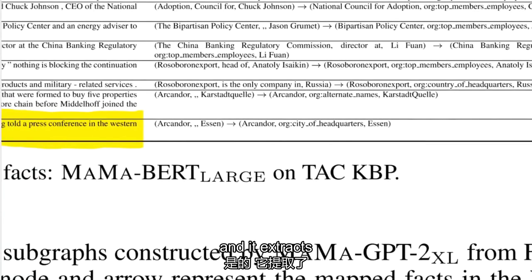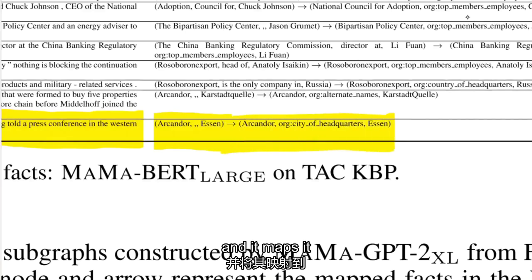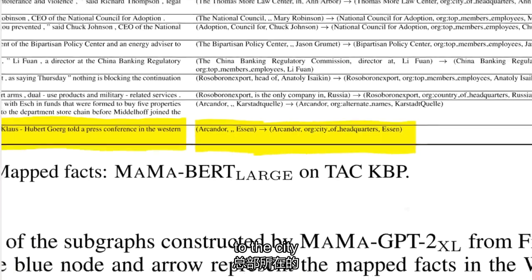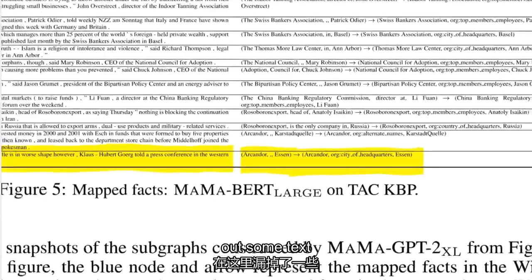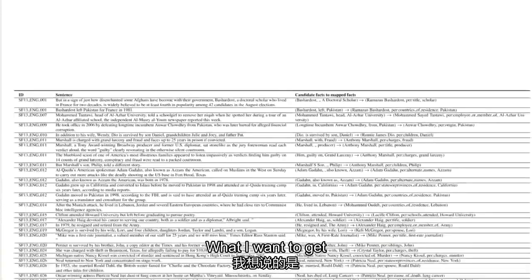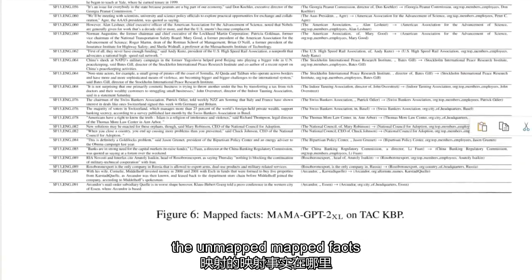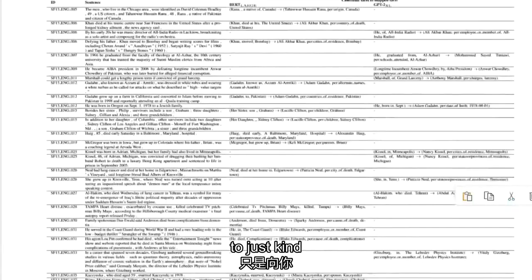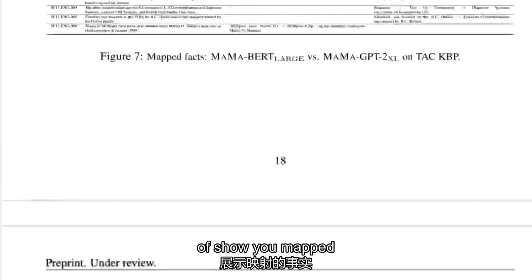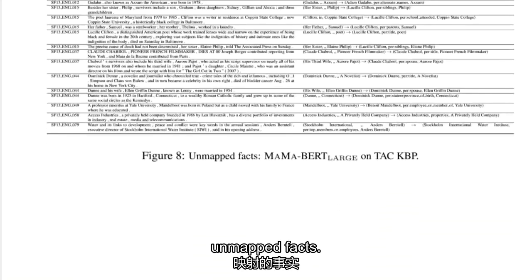And it extracts this company and maps it to the city of headquarters. Maybe they leave out some text here. What I want to get to is the unmapped facts, just to show you mapped facts, unmapped facts.